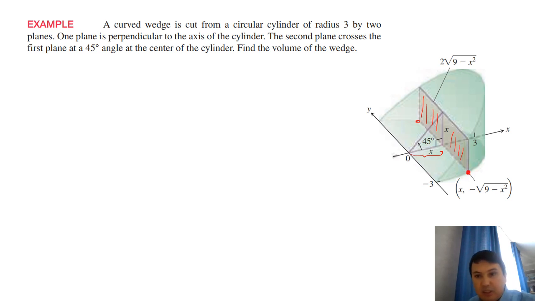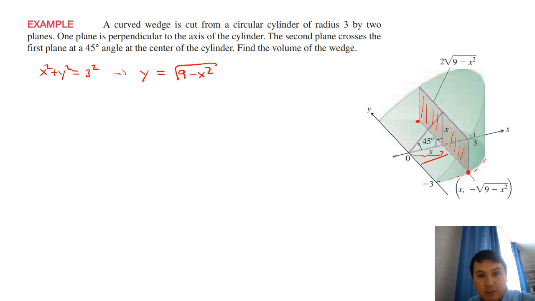So I know that all the coordinates on this circle satisfy x squared plus y squared equals 3 squared, right? This is the formula for the circle. At this point my x coordinate is x, so then my y coordinates are plus or minus the square root of 9 minus x squared.